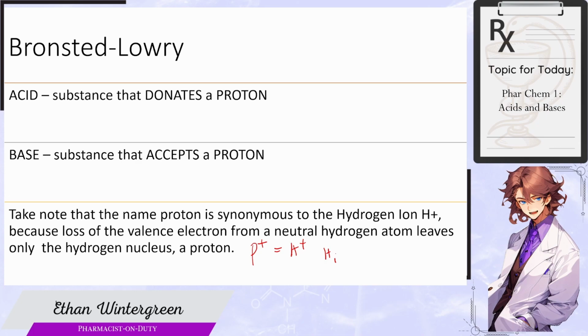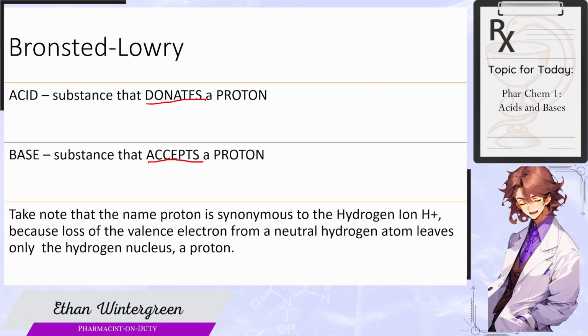Since hydrogen-1 is only made out of one proton, no neutrons, and one electron, when it gives off its electron and becomes a hydrogen ion, it only has one proton in the structure, essentially making the hydrogen ion a proton.